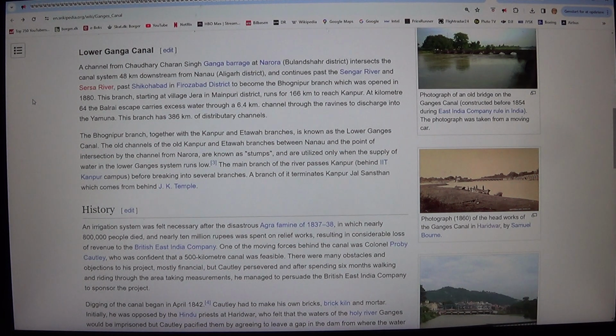This branch, starting at village Jura in Mainpuri district, runs for 166 kilometers to reach Kanpur. At kilometer 64 the Balrai escape carries excess water through a 6.4 kilometer channel through the ravines to discharge into the Yamuna. This branch has 386 kilometers of distributary channels.